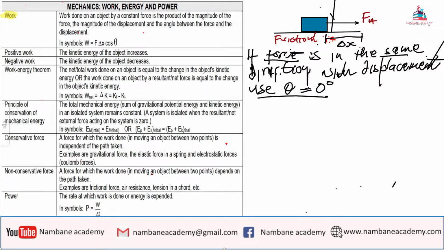So if I were now to change the direction of the force, but the object is moving in an opposite direction, I am forced now to use an angle that is now 180 degrees. So let's write it now in red to put emphasis on it.